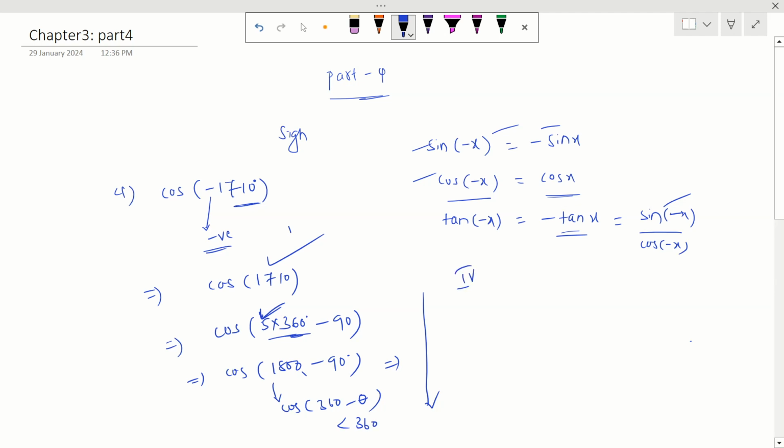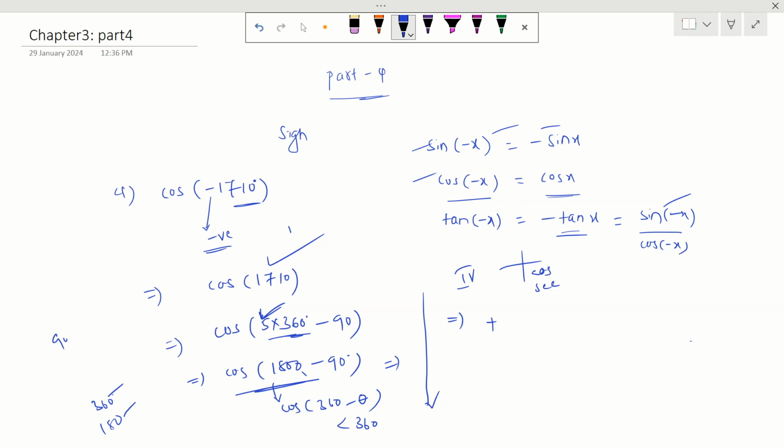In the fourth quadrant, cos and secant are positive, so we have a positive value. During the conversion with 360 and 180, cos remains cos, the function stays the same.